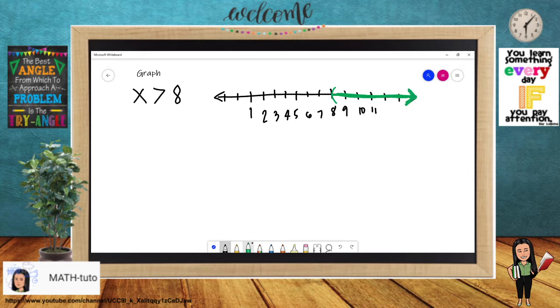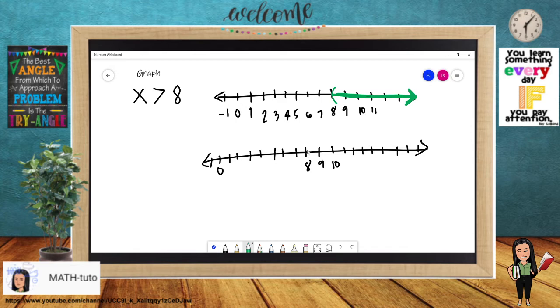Okay? So, if we will use circle instead of, yan. Kung circle naman ang gagamitin natin, it is either open circle or closed circle.